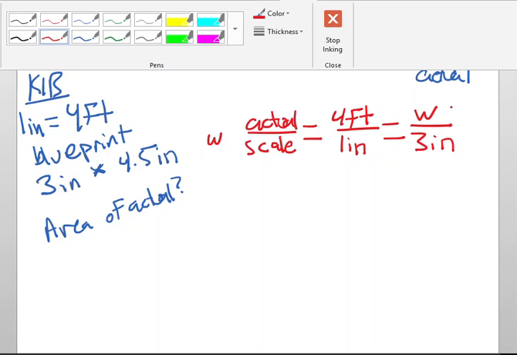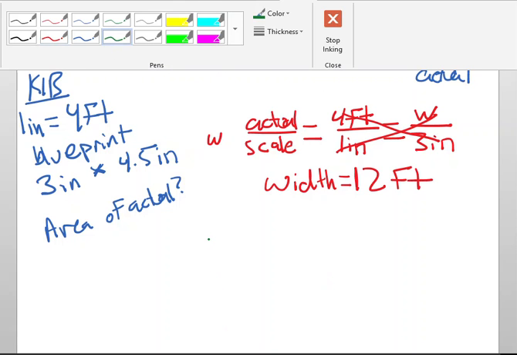Again, notice how my feet line up and my inches line up. And I can go here and cross multiply, and I'll be left with 1W is equal to 3 times 4. So my width here is equal to 3 times 4, which is 12 feet. All right, and this time I didn't make that same silly mistake.